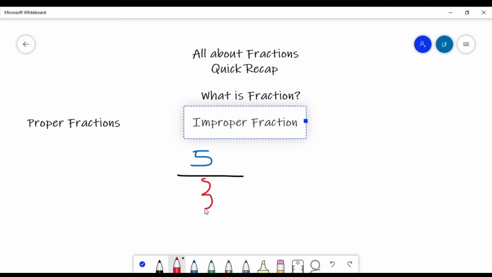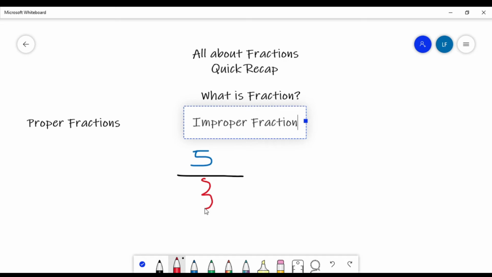A proper fraction and an improper fraction follow the same rule. It does not need two fractions to determine whether it is an improper fraction. So we can say this is an improper fraction because an improper fraction is a fraction whose numerator is larger than the denominator.